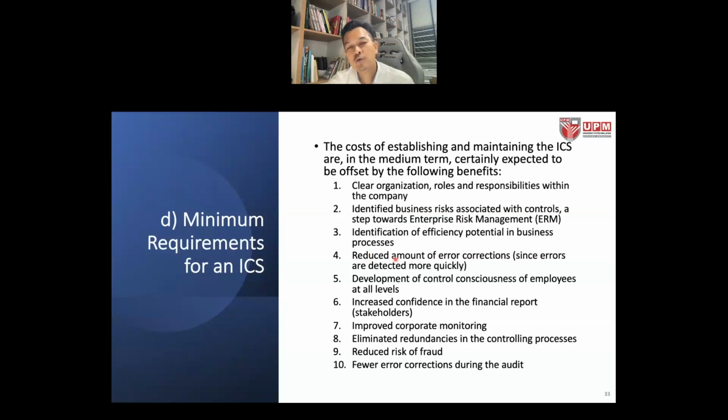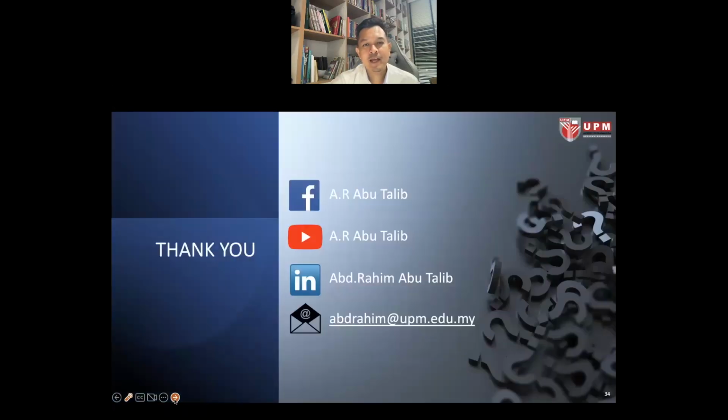You can also reduce the amount of error corrections, develop control consciousness of employees, increase confidence in the financial report, improve corporate monitoring, eliminate redundancies, reduce risk of fraud, and have fewer error corrections during the audit. So these are among the benefits of having ICS implemented in a company.